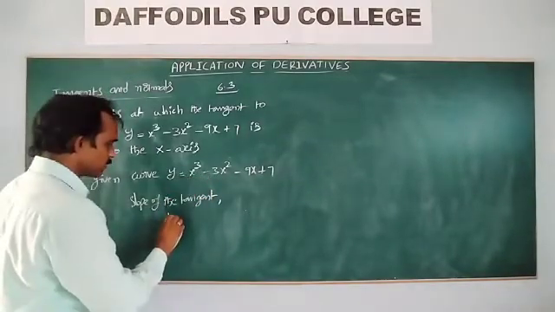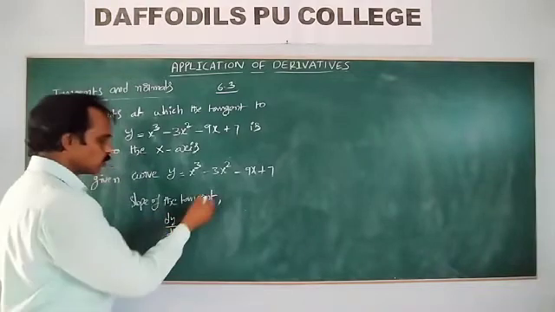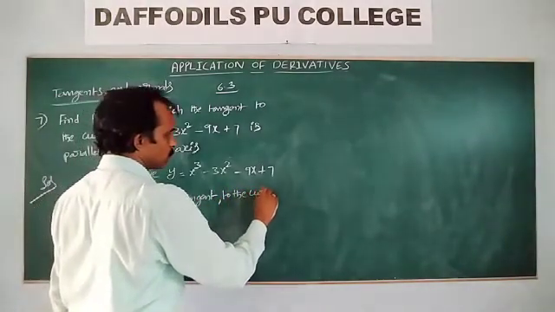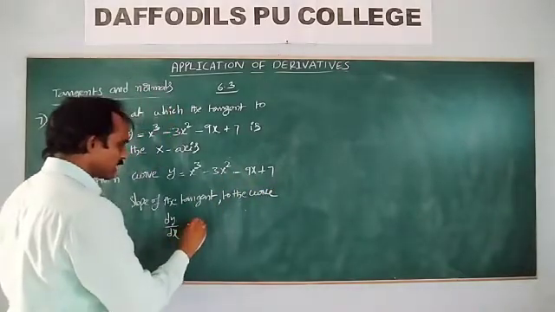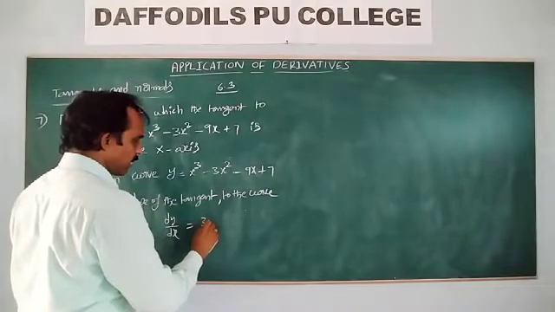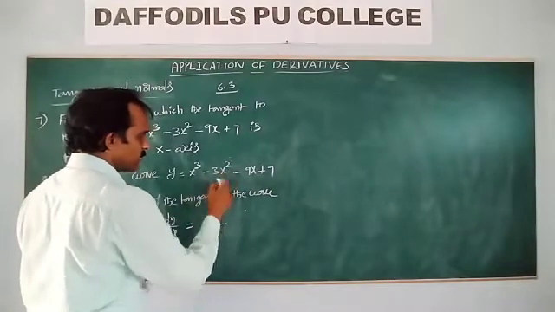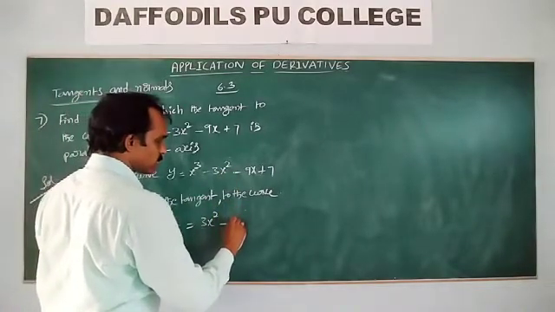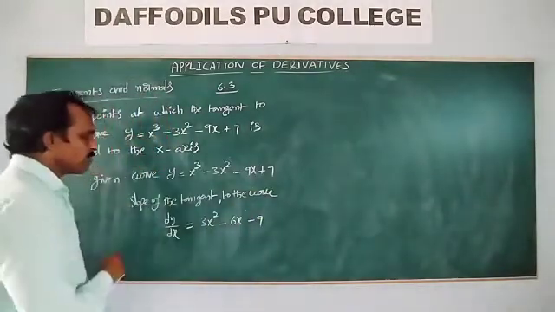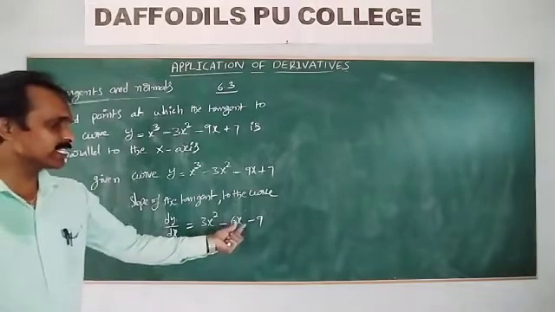That implies dy by dx, slope of the tangent to the curve, is equal to 3x square minus 3 into 2x, 6x, minus 9, 7 derivative 0. So dy by dx is equal to 3x square minus 6x minus 9.